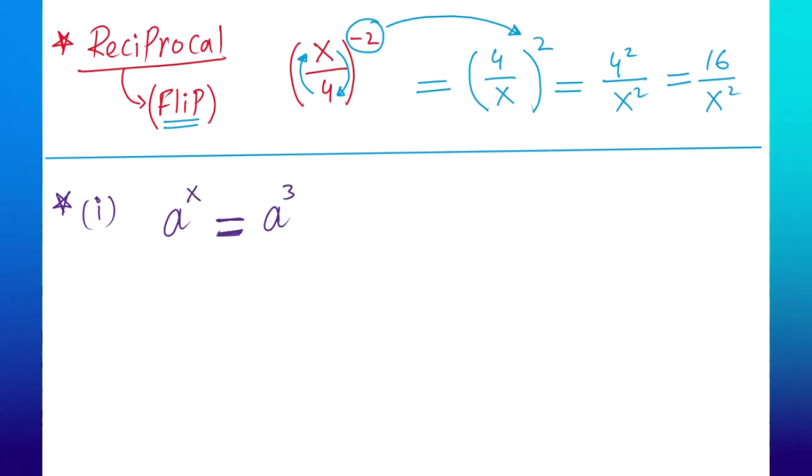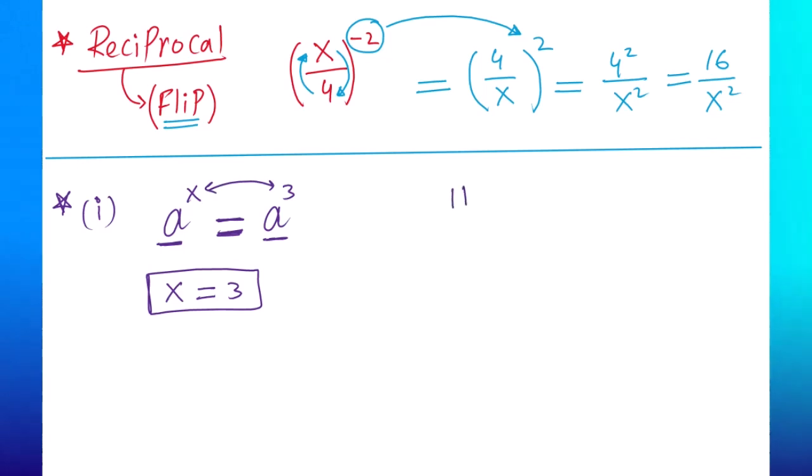This is the first part. So what is the value of x? x is equal to, because the base here is a and also here a. If bases are same on both sides of equality, it means powers are also same.